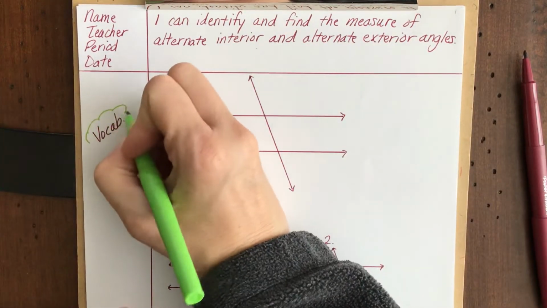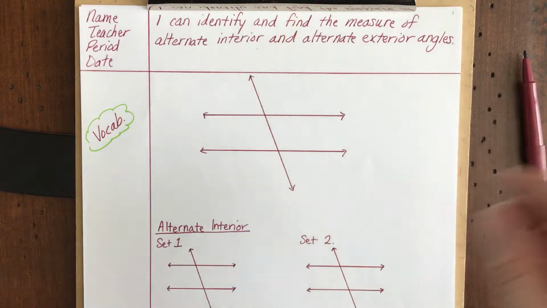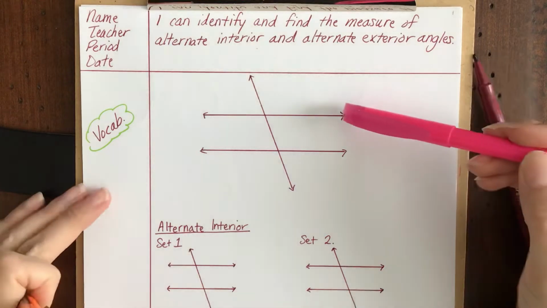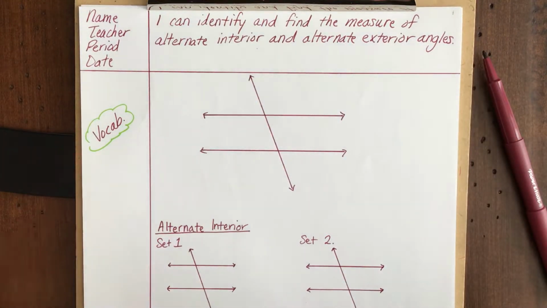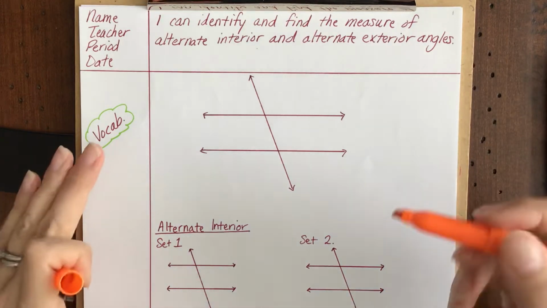Okay, but first I'm going to go over what is interior and what is considered exterior for two lines and a transversal. So we have our parallel lines right here and our transversal right here. Now, just like a house has an interior and an exterior, our parallel lines have interior and exterior also.